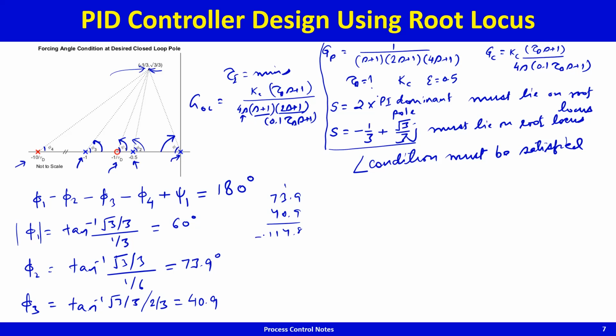So this is minus 114, and in it you are adding phi 1, and phi 1 is actually 60 degrees. How much is this? So this would be minus 0.8, minus 54.8 degrees.